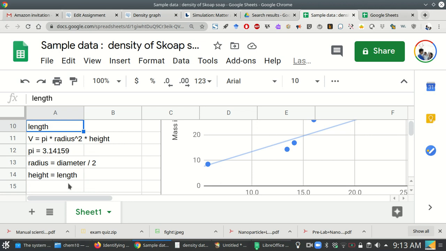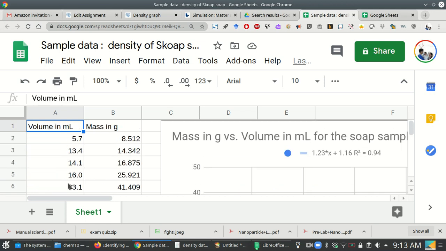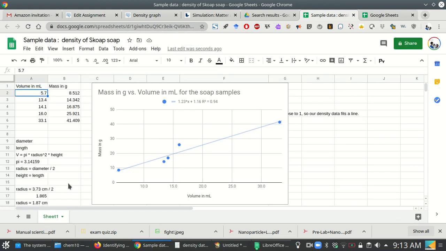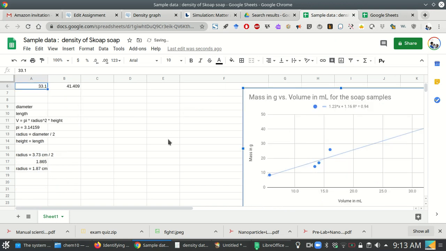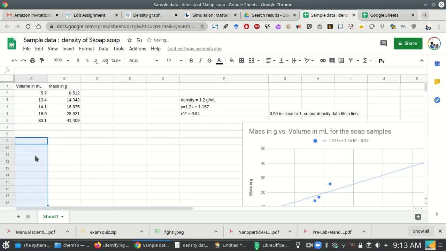Okay, now you are ready to do this graph. There is a shortcut for doing the math that you could use if you want. You don't need to, but if you want, you don't have to do all the calculations by hand on a calculator. You can have Google Sheets do the calculations for you, and here's what I mean.